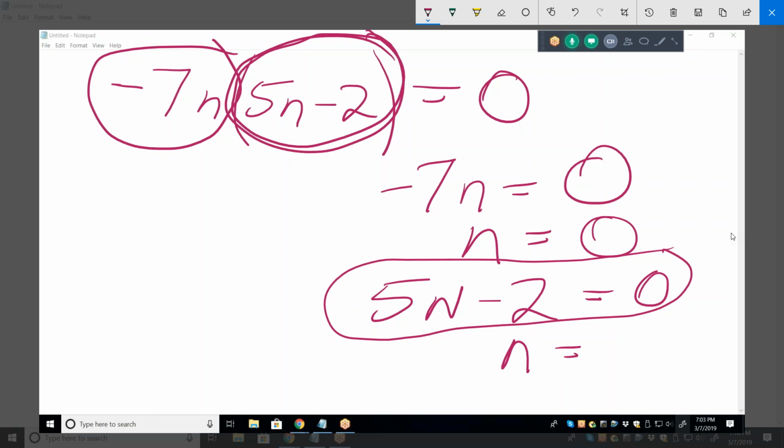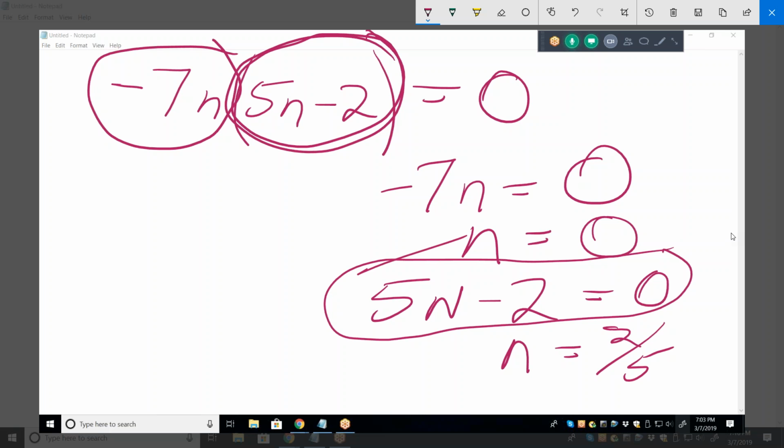So that would be 2 over 5. Yeah, I'd actually rather you solve that in one step because it's very easy. Sometimes I'd rather you solve stuff one step at a time. But when you get problems like this, go ahead and get in the habit of solving it in one step.